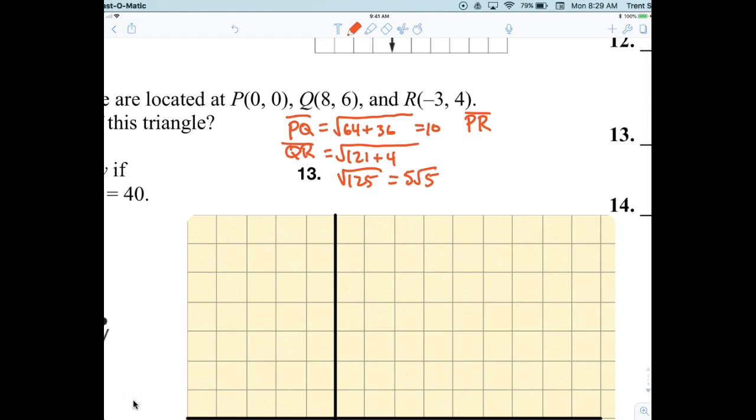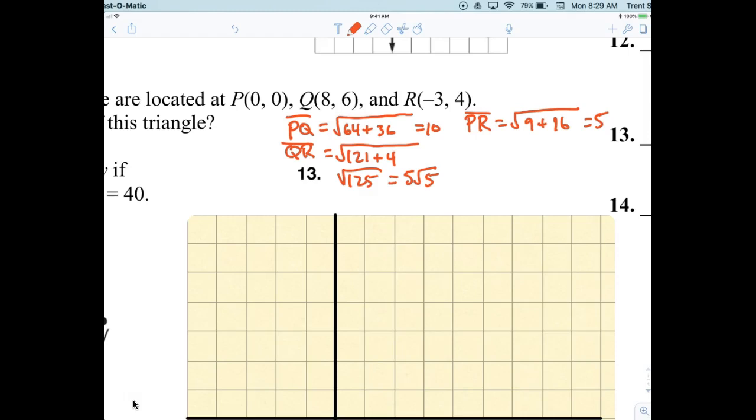Now I'm doing PR. So PR, square root, 3 squared is 9 plus 16. That should be 5. Is everybody with me on this? Everybody good?